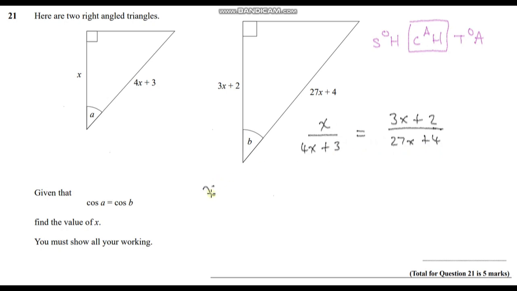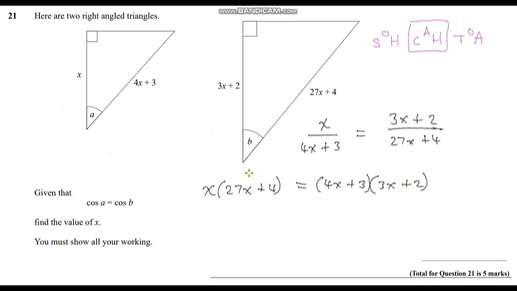So we're going to have x times 27x plus 4 equals, and then we'll multiply both sides by 4x plus 3. That's going to be 4x plus 3 times 3x plus 2.